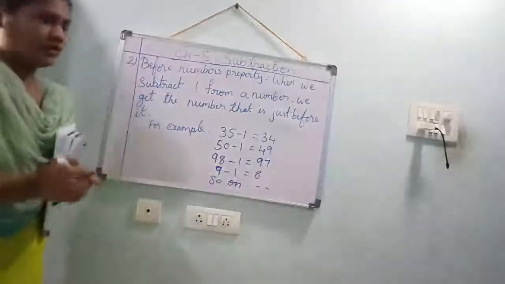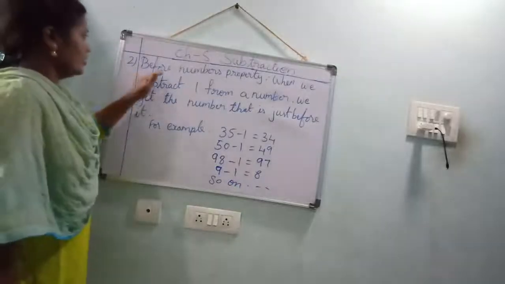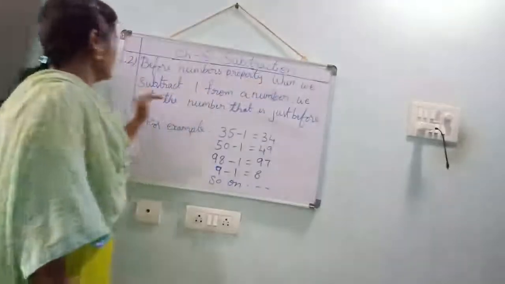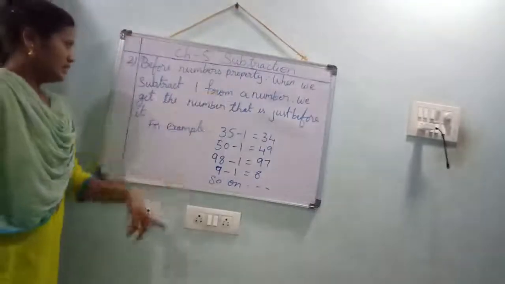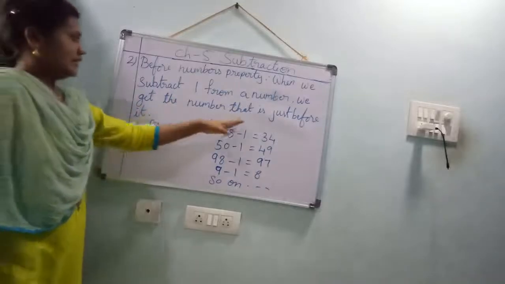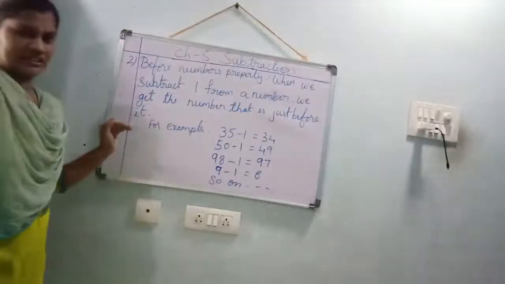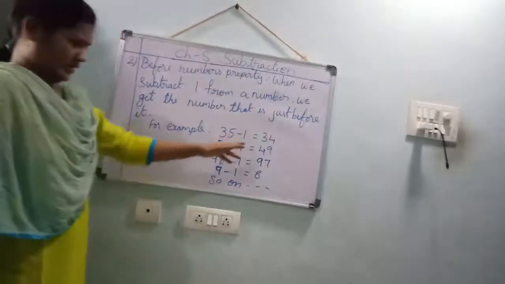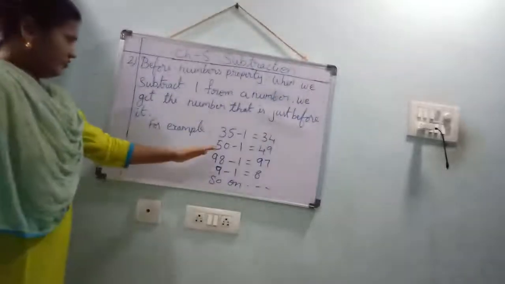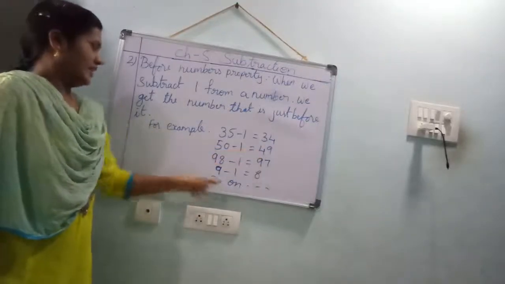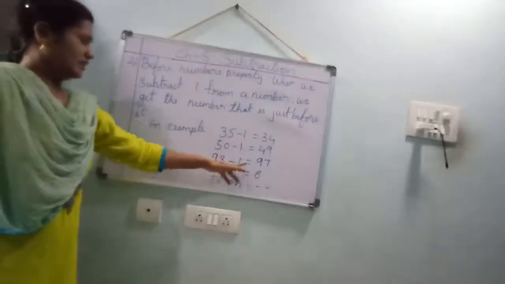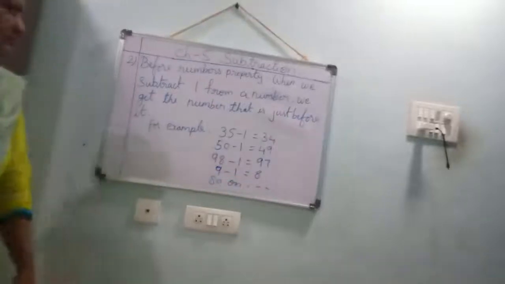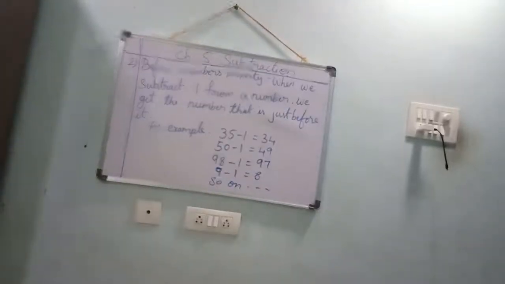Before numbers property means: when we subtract 1 from a number, we get the number that is just before it. 35 minus 1 is 34. 50 minus 1, 49. 98 minus 1, 97. 9 minus 1 is 8. Copy in the classwork.